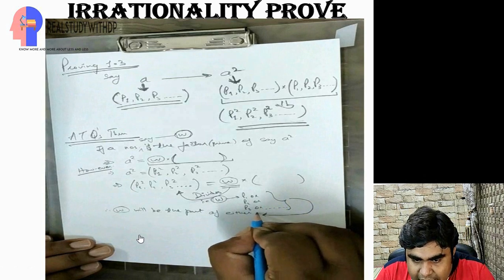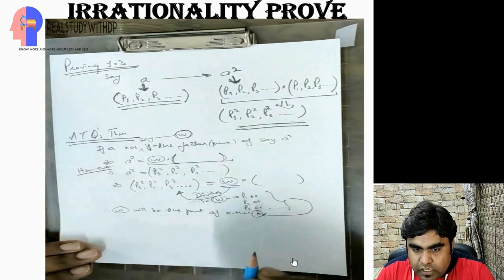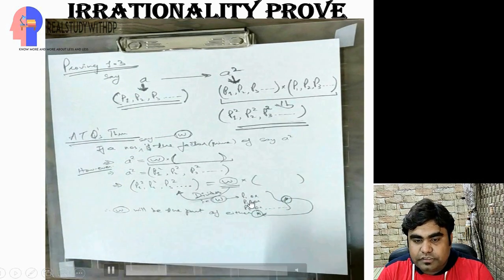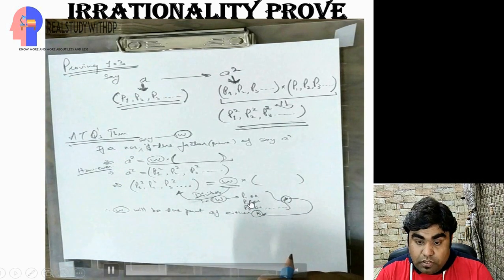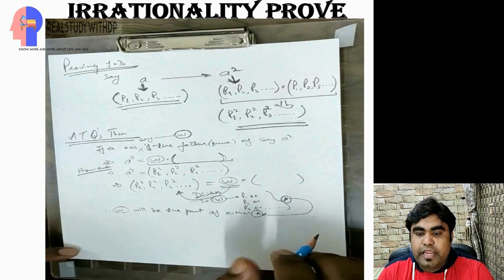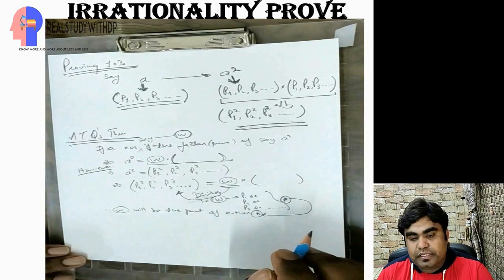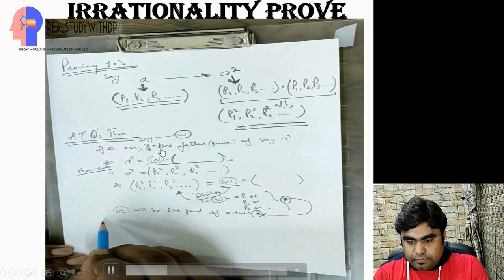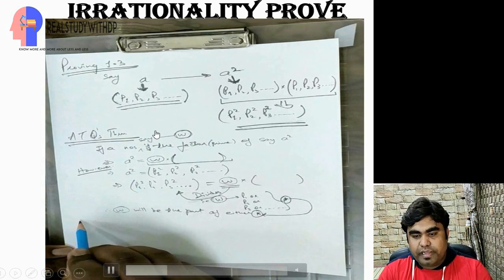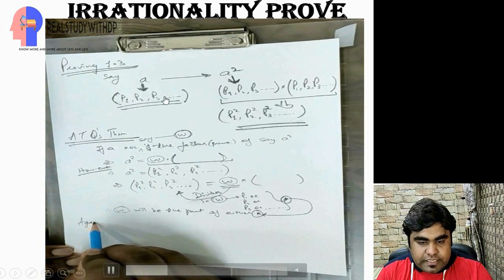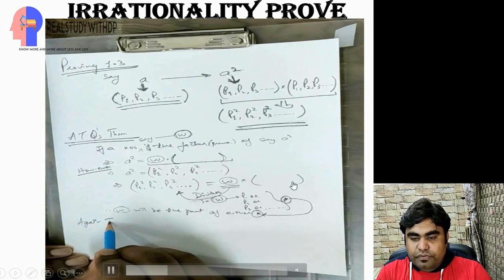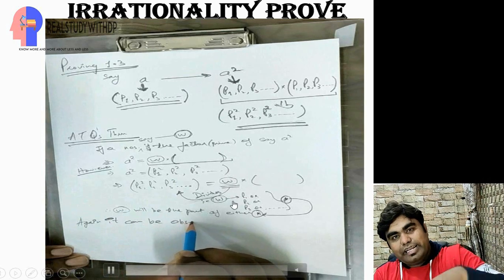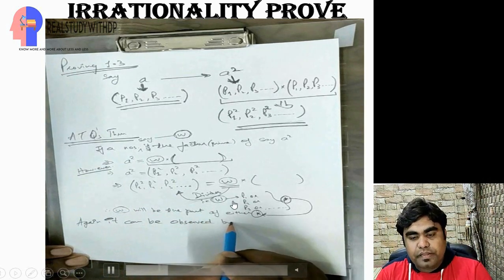So we can say that this w will be able to divide this one, because this w must be either p1, p2 or p3, and so on. I'm just writing it over here to make it more understandable. This w will be part of p1, p2, p3, or it will itself be p1, p2 or p3.